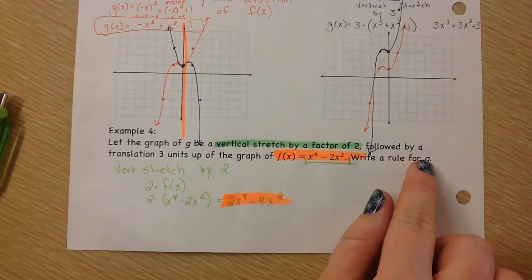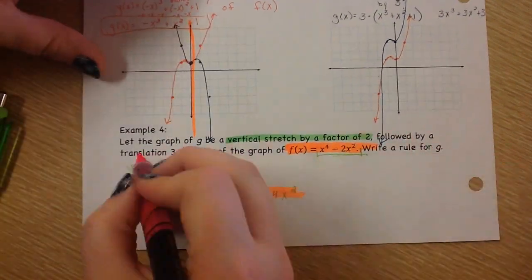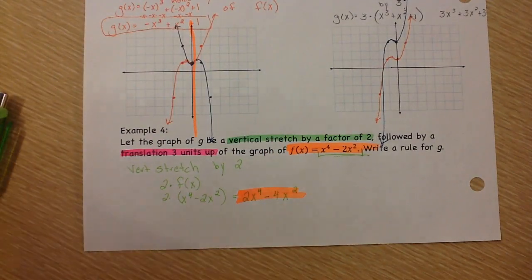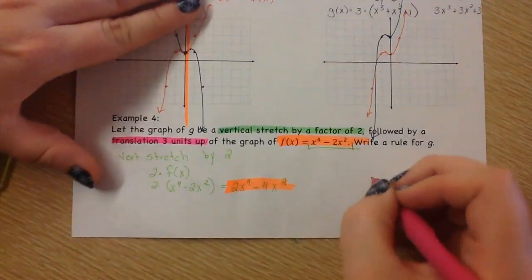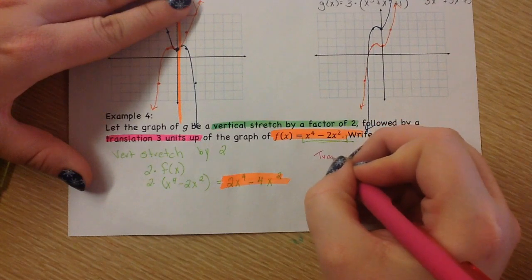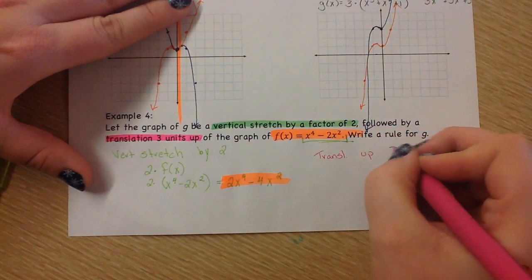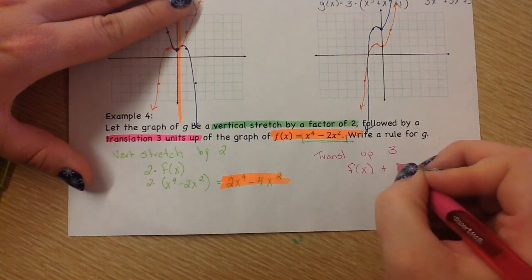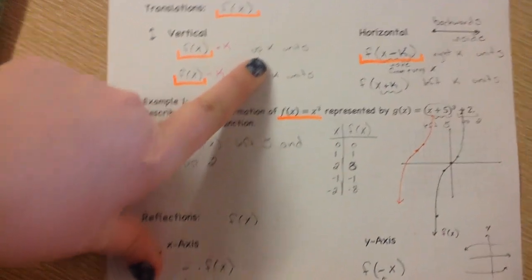All right, next, followed by translation 3 units up. So to translate 3 units up, okay, so now we're going to translate up 3. I want to take this function and add 3 onto the end, right? If we translate, we want to move up 3. Up 3, we put a plus k on the end.